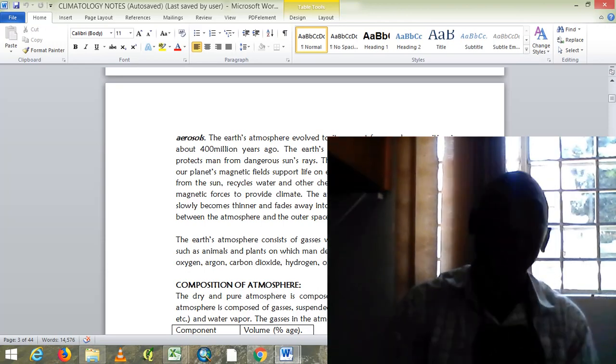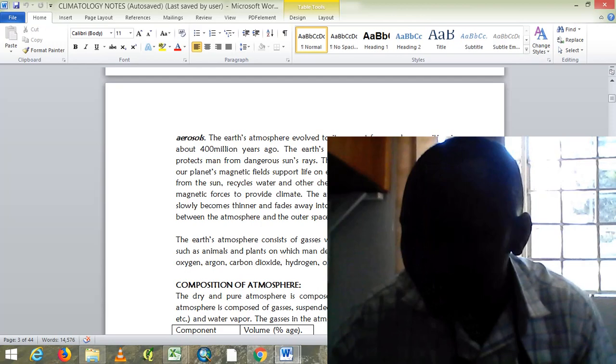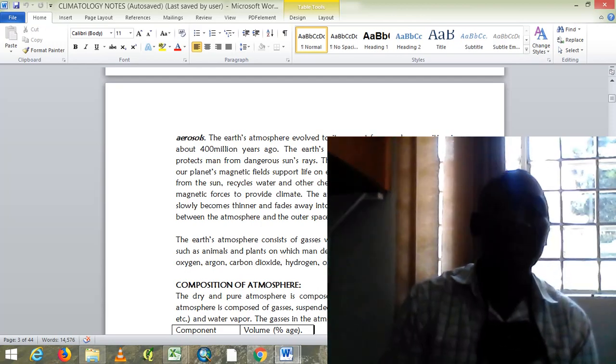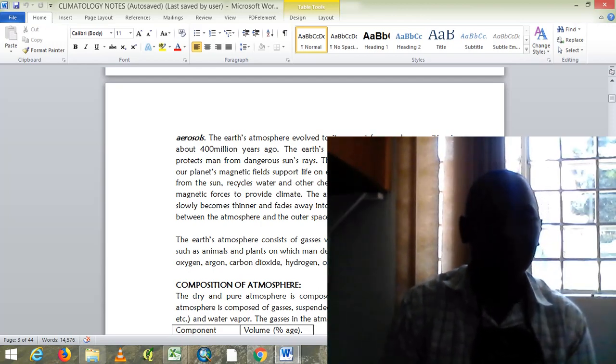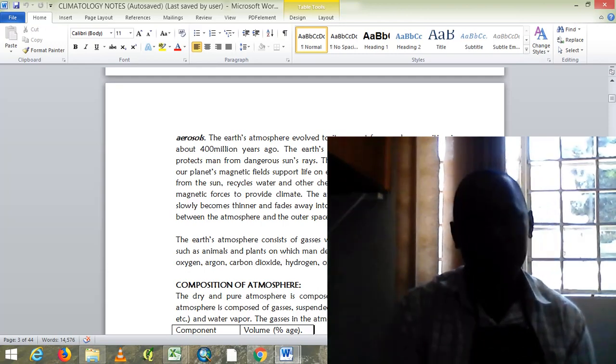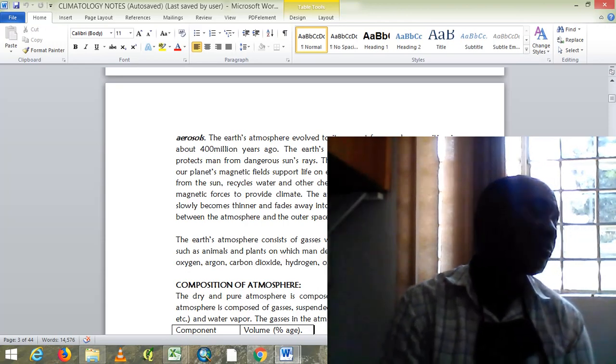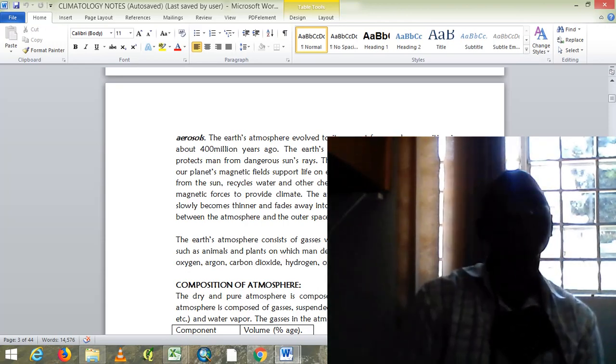This oxygen is important to animals. Nitrogen is important to man. Nitrogen is important to animals. Argon, carbon dioxide. You know, carbon dioxide on the outside looks like a useless gas, but it's one of the most important, even more important than nitrogen in the atmosphere. To man? Yes, to man.